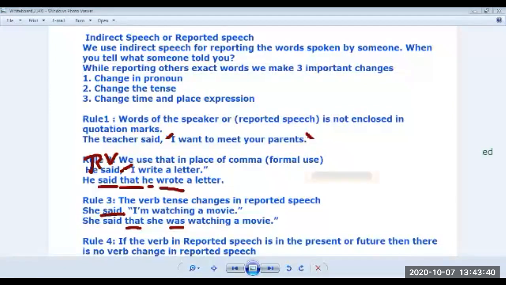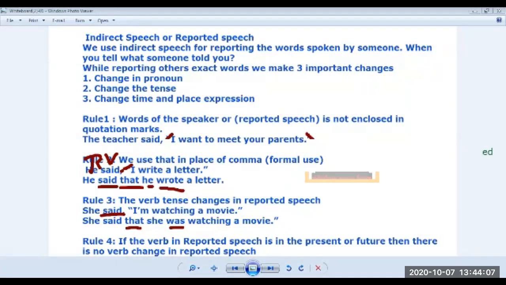One is the pronoun changes. If a time or place word is there, that changes. And second, the tense of the verb that is showing the action changes. Now, rule 4: if the reported verb is in the present or future, then there is no verb change in the reported speech. So what is the fourth rule?